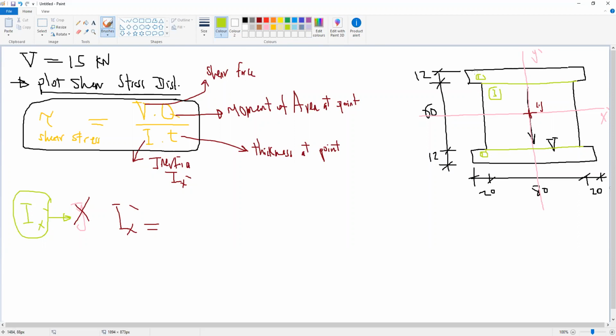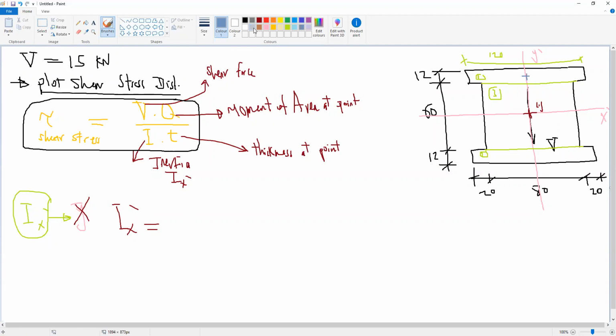For the first rectangle, the width is 120 millimeter, and the other dimension is 12. So I will start with this one. The centroid of area 1 is here. So the centroid of area 1 does not coincide with the centroid of the whole section.